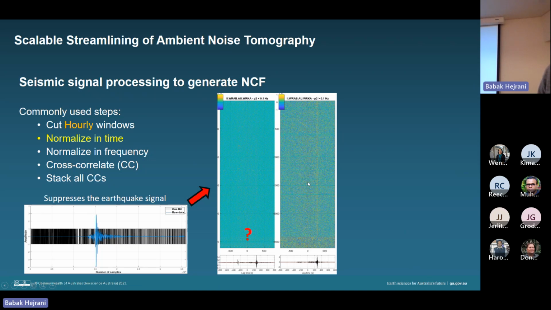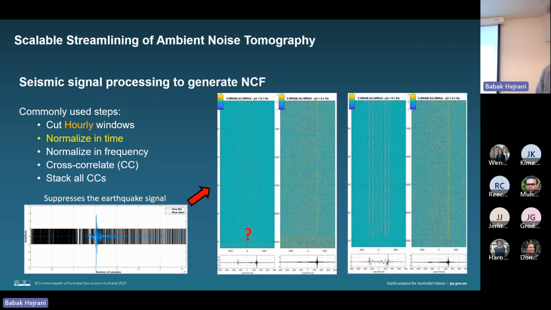So in this case, when I use one-bit normalization, you do see that I lose the signal below 0.1 hertz. And that's actually quite important because below 0.1 hertz is the signal that we use to image mantle and crustal structure, which later on I will show you. But if I don't apply one-bit normalization, you can see that the signal is quite clear no matter which frequency band you look at.